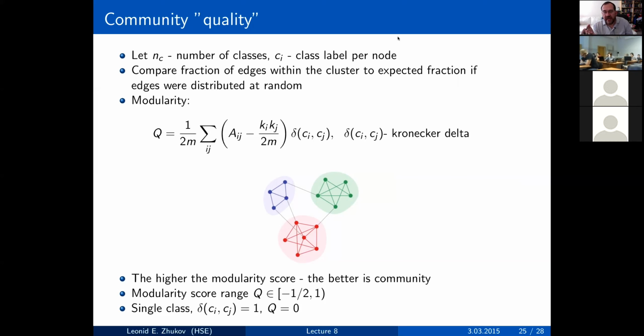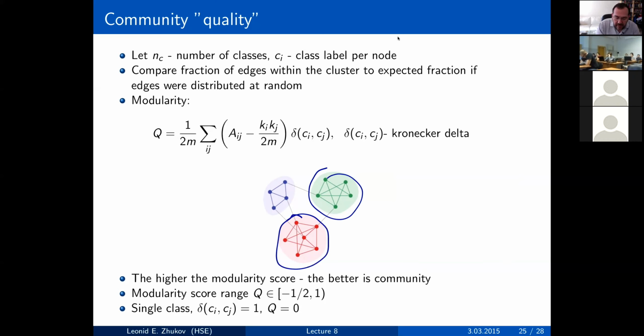If there are fewer connections, it's not a clique, but still there should be more edges inside, between the nodes of the same color or the same label, within the group than between the groups. And that's really what modularity will give us.